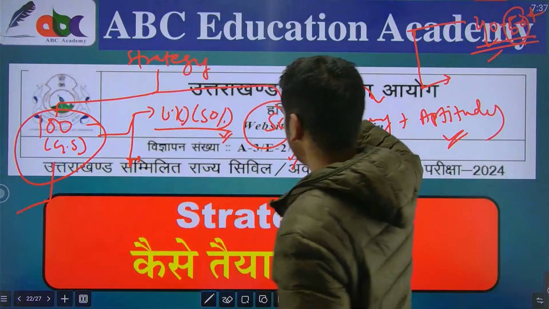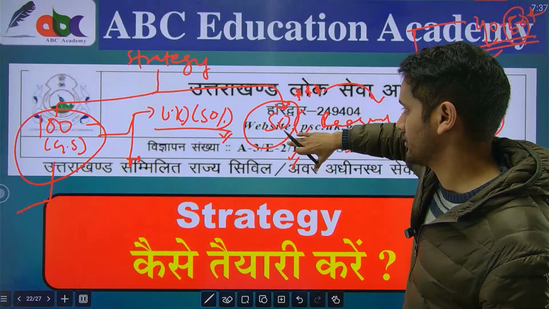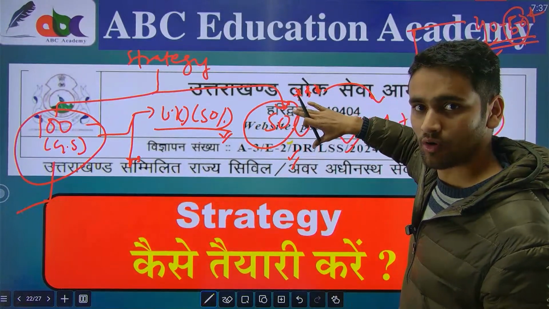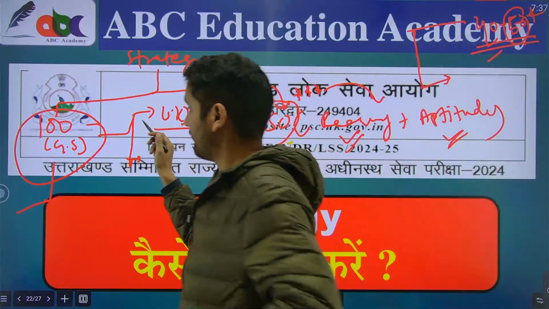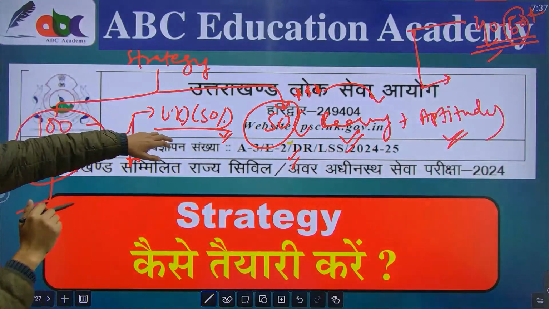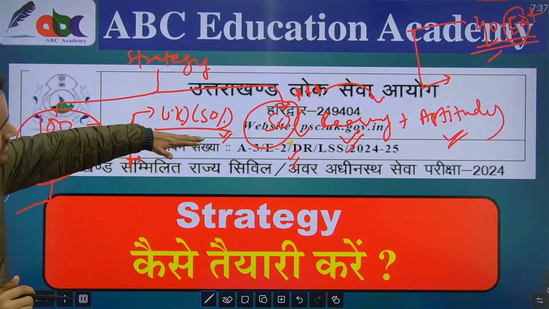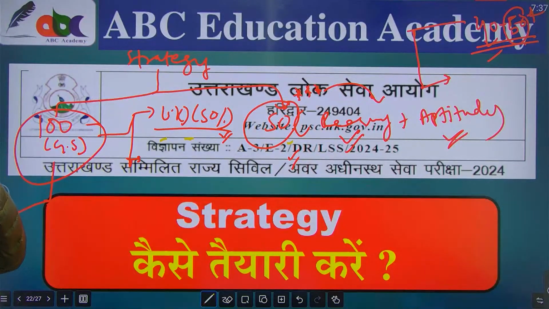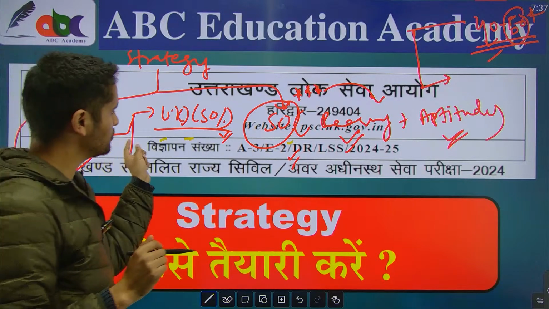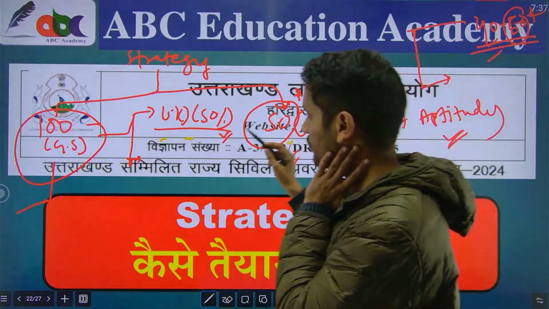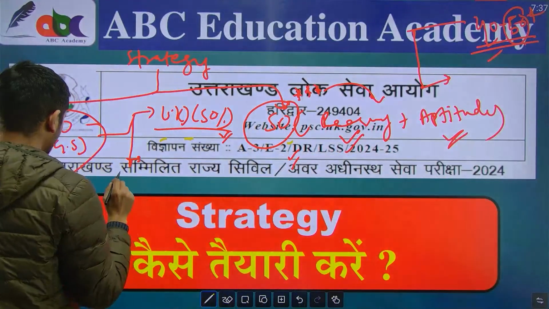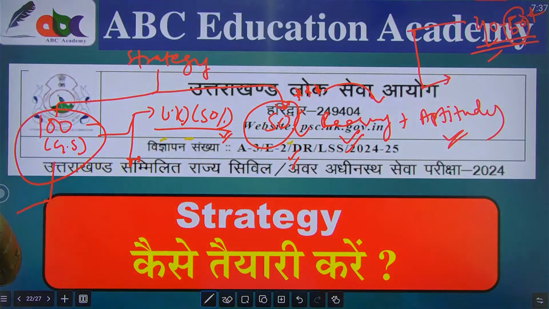So see, if you cover the 50 questions of reasoning thoroughly, and out of 100 questions, 50 questions would be from Uttarakhand, and if you cover this section well, you have done 100 questions. If you do these in a good manner and have command over these two topics, 70-80% of the work has already been done.